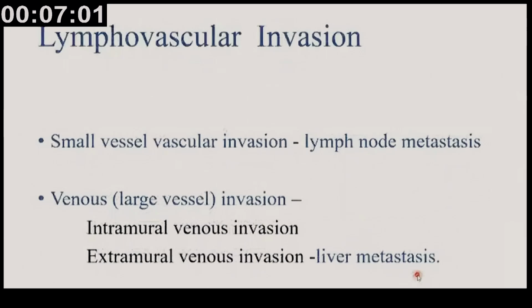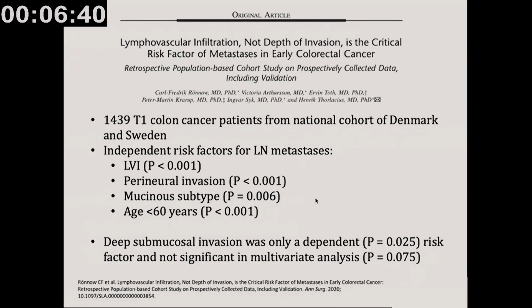But if it is venous or large vessel invasion, the patient will develop liver metastasis, especially if it is extramural venous invasion. Extramural means outside the muscle layer. If there is extramural venous invasion, that patient will show liver metastasis very soon.